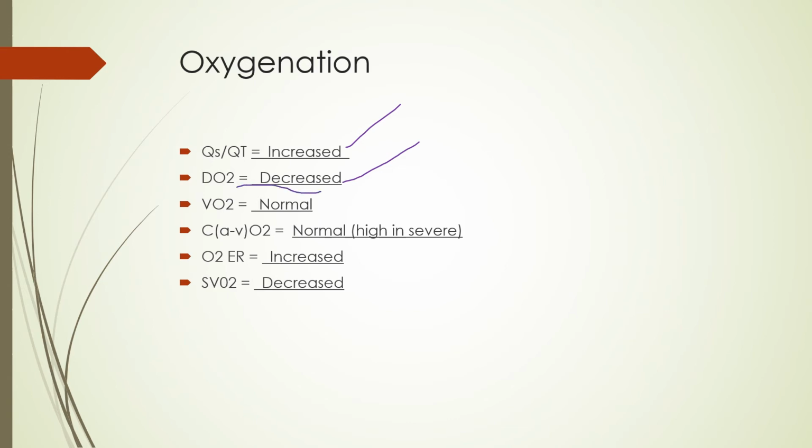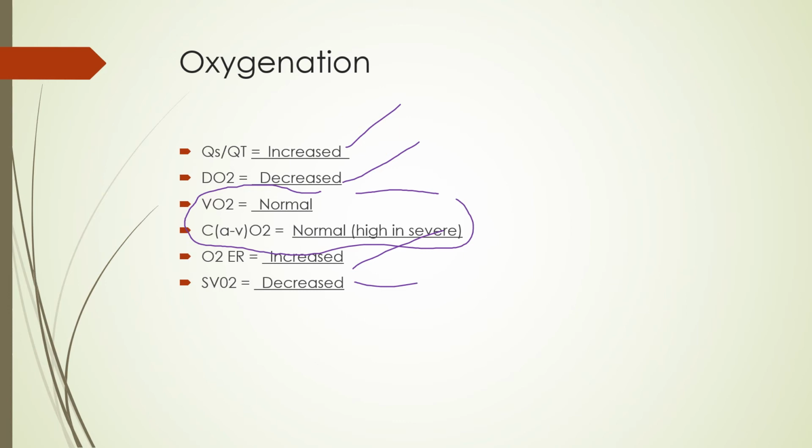Our metabolic rate, consumption, and A-a gradient are usually normal. If it's severe enough that we're causing hypoxemia on a high level, then obviously our A-a gradient might be elevated, but that could be true of almost any of them. O2 ER is increased. We've already talked about this in all the other processes. And SvO2 is decreased.